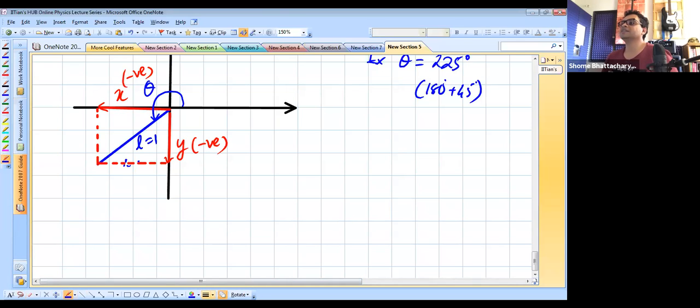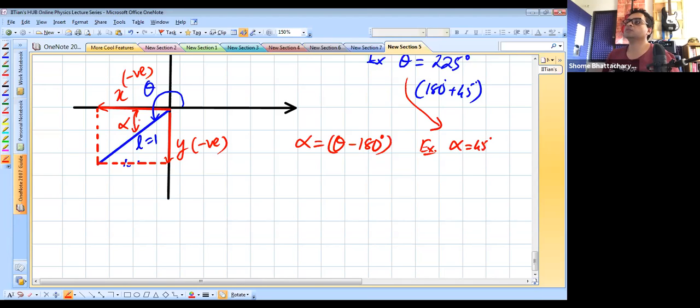Now we can see another thing over here, that if we look at this small angle over here, and denote it as alpha, then this becomes a useful right angle triangle for us. So first of all, that alpha you can see is nothing but theta minus 180 degrees. So for our above example, where we have taken theta is 225, our alpha becomes 45 degrees.